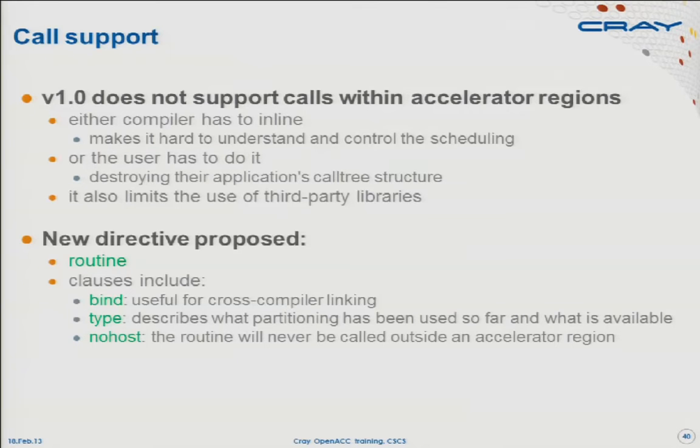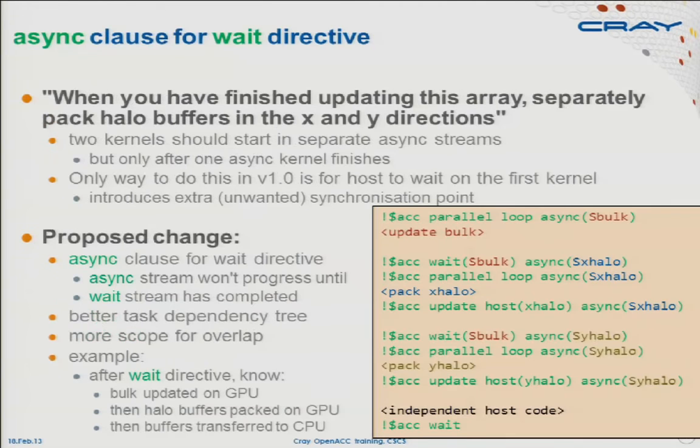You can't call a GPU library from within a kernel. It limits the use of third-party libraries in that you don't know what those library functions might be called. The routine directive will provide a much better way to manage calls without having to inline.